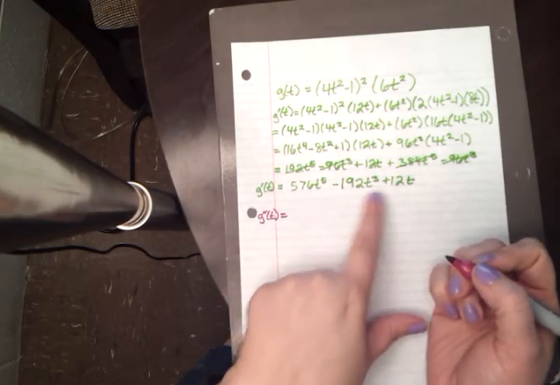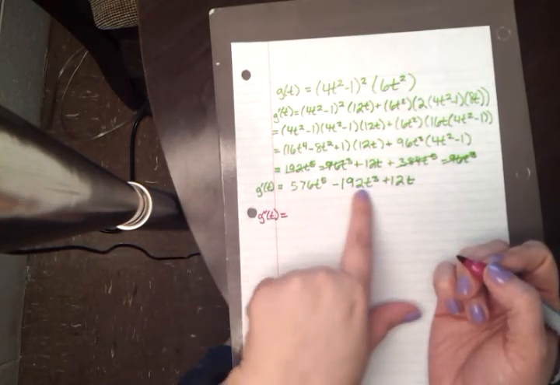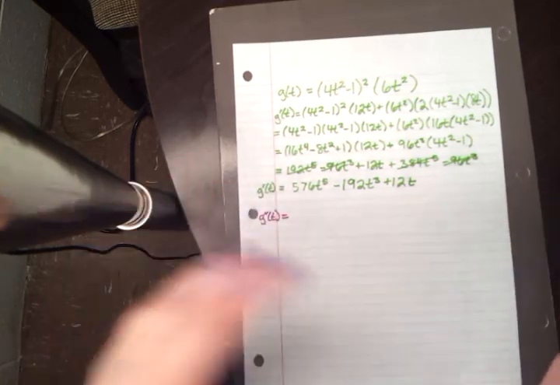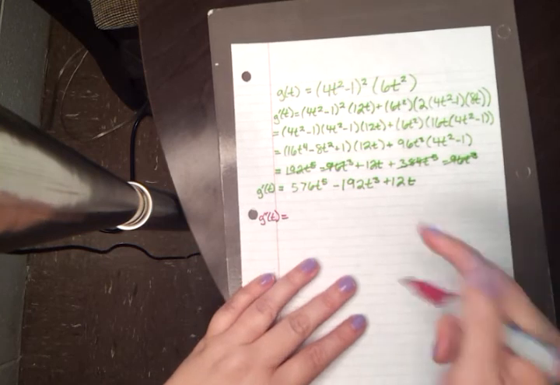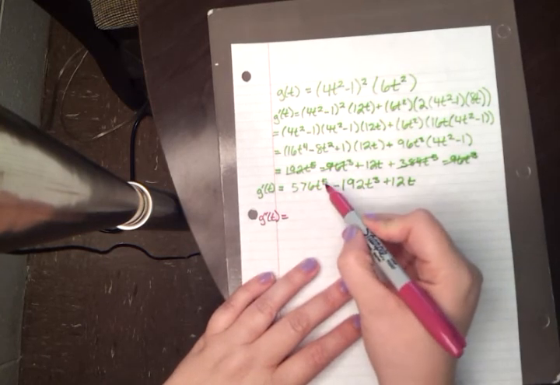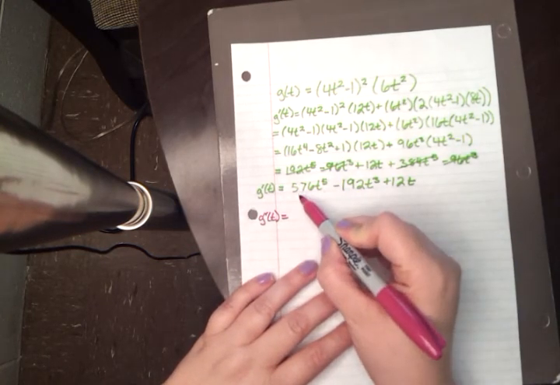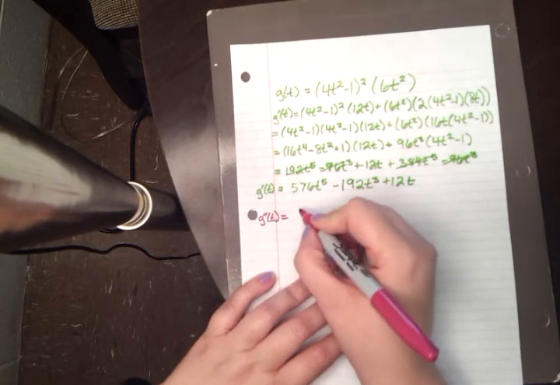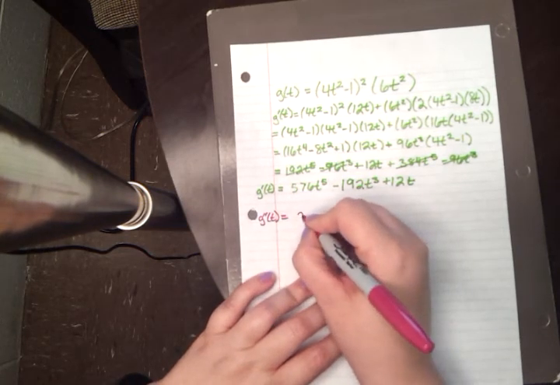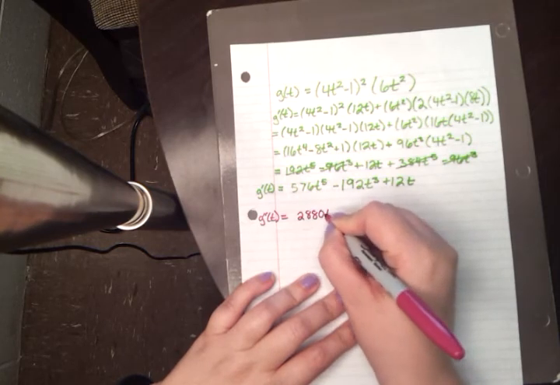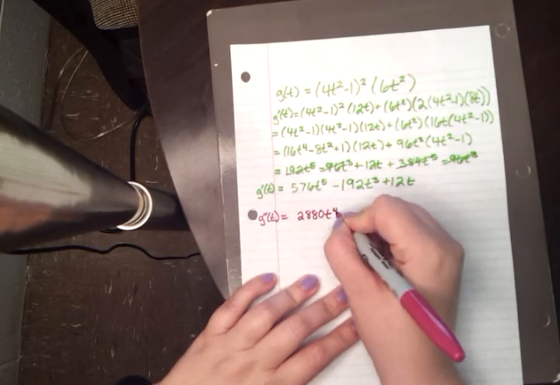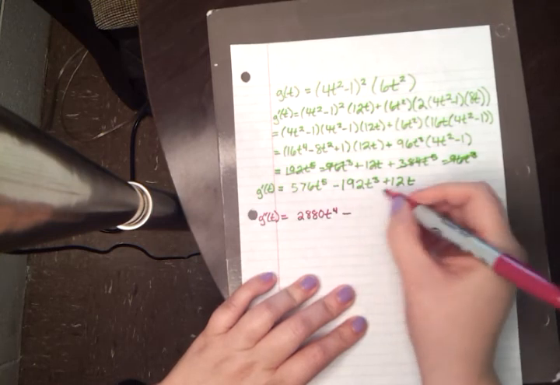Again, we've just got a regular old polynomial. There are no products, there are no quotients, there's no chain rule. We're just going to use the power rule. So 5 times 576 is going to give us 2,880t, and then lower the exponent, to the 4th.